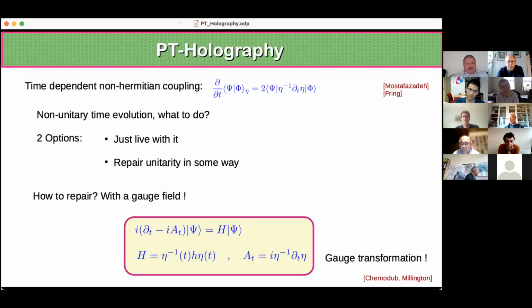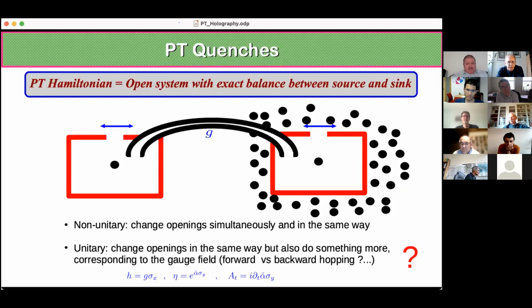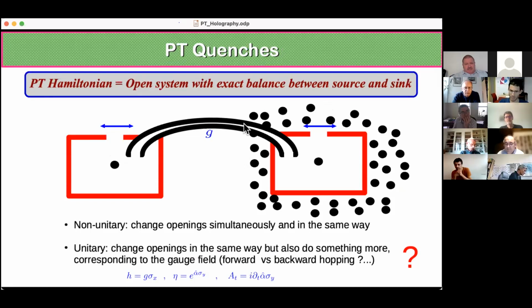Yeah. And so my interpretation of this simple example is that you change in a time-dependent way these entrance and exit rates. Usually what happens is the particle enters here, then it tunnels over there, and it goes out. And since in the PT symmetric regime, G is bigger than the entrance rate, on average you will always have one particle here and here. But then you make this bigger, so more particles can go in, but you don't change the forward and backward amplitude.